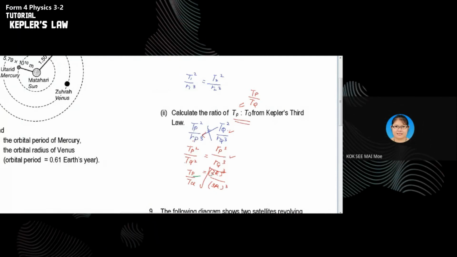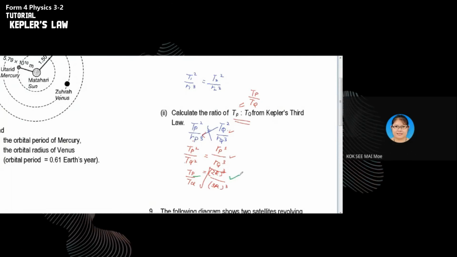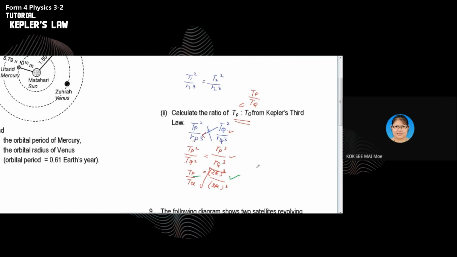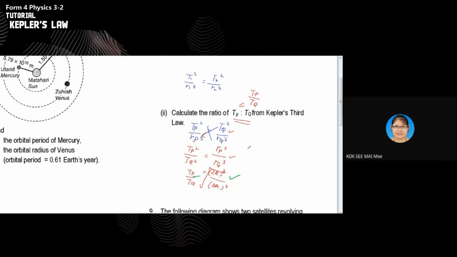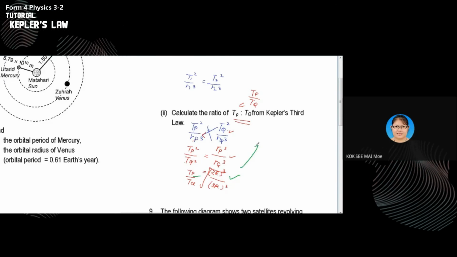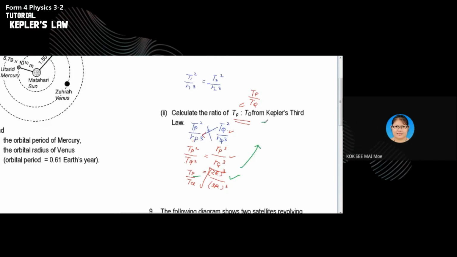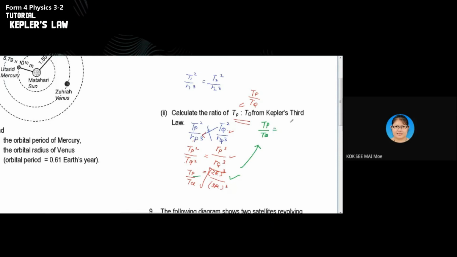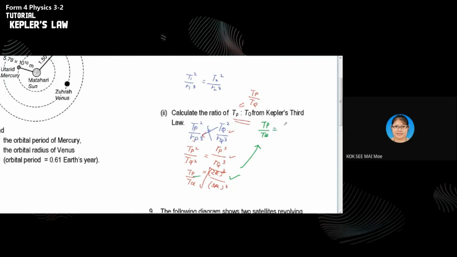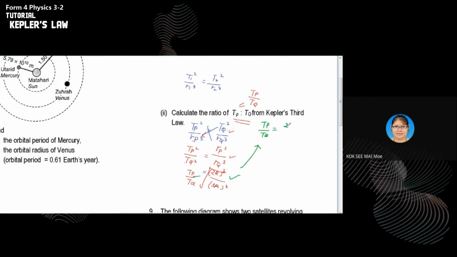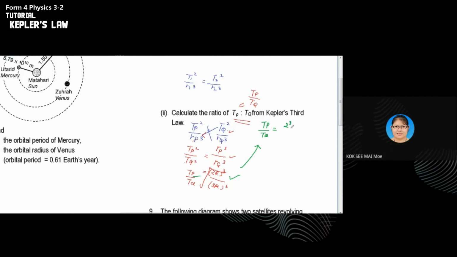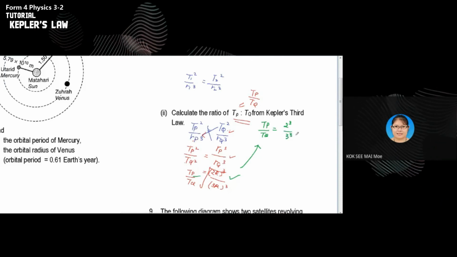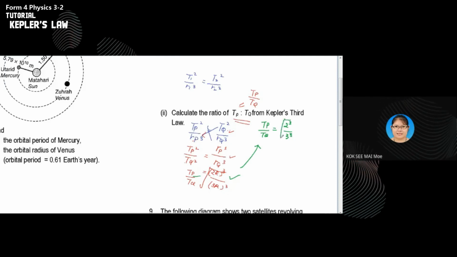So until here, understand or not? Not yet finished. We still have R, we need to cut. Okay, TP over TQ. R we cut first. So after you cut, this one is 2 cube, then this one is 3 cube. Okay, after that, square root.